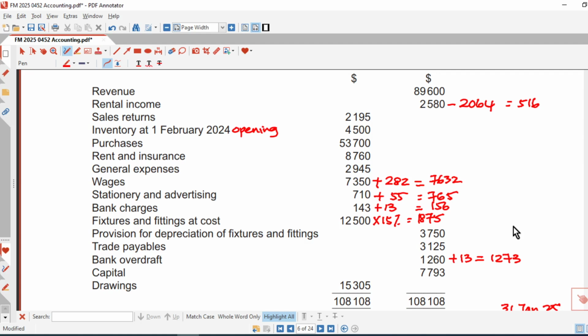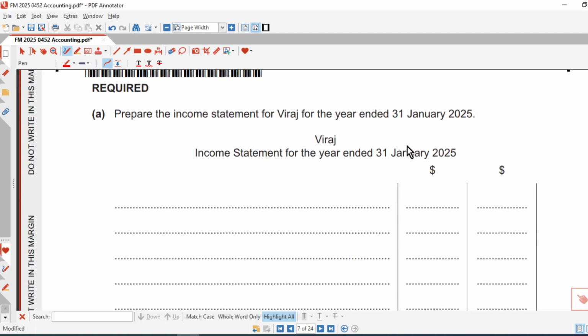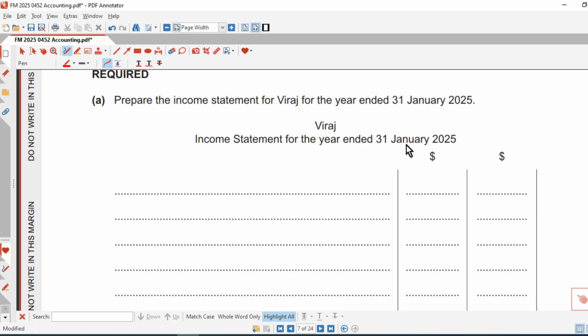So once all the adjustments are done, I'm going to move on to the next item, which is to prepare the income statement. Right? Prepare the income statement for Viraj for the year ended 31st January 2025. So I hope most of you are familiar with the format of an income statement.